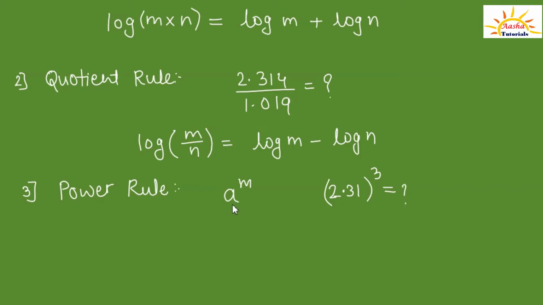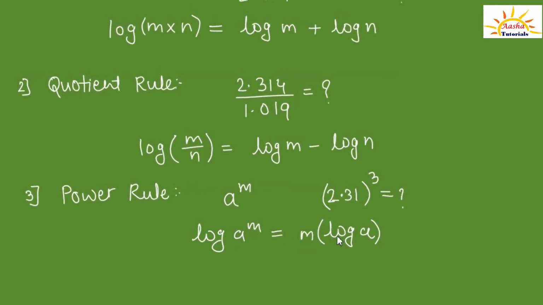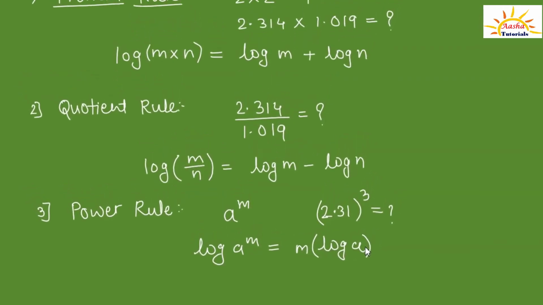So as per this power rule, when we take log of a raised to m, we just need to multiply the log of a by this power, that is m. So log of a raised to m is m times log of a.